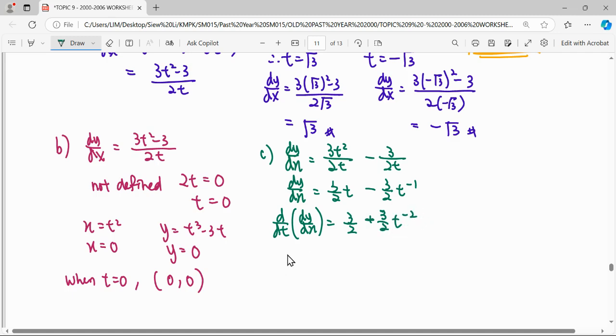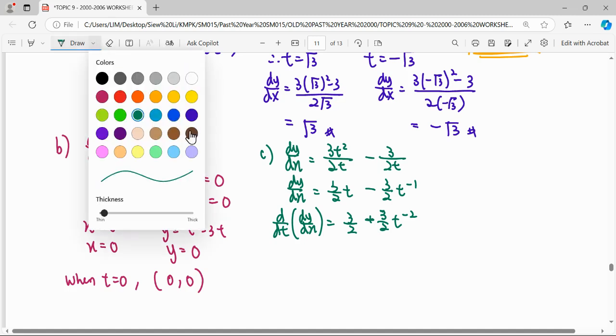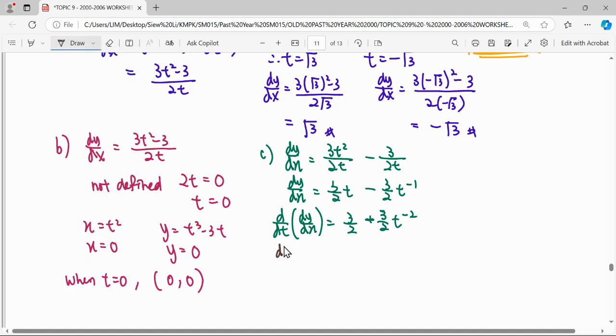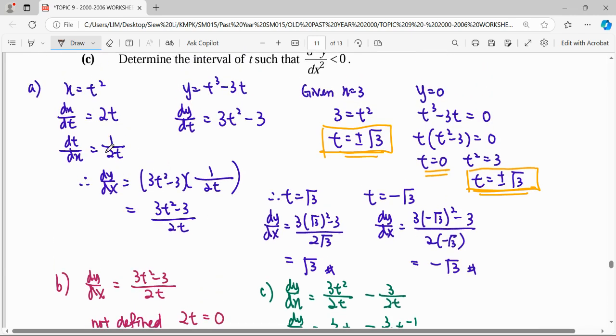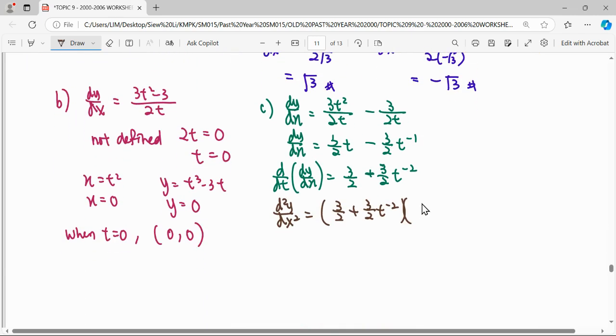And then we proceed to find d2y/dx squared, which is d/dt of dy/dx times dt/dx. So dt/dx is 1 over 2t. So we do this multiplication.